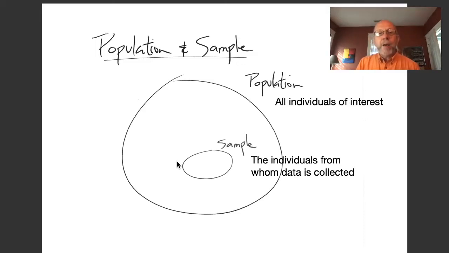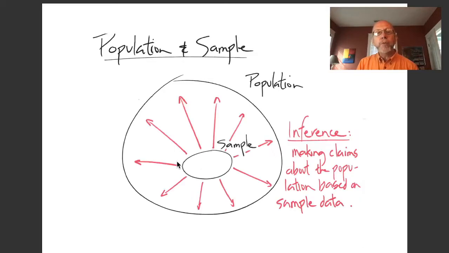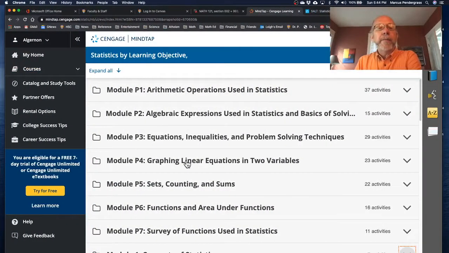And again, why do we collect data from the sample? We do that so that we can hopefully find something out about the population at large. And that process of moving from sample data to claims about the population at large is the process of statistical inference. So let's take a look at the ebook and see what it has to say about this topic.